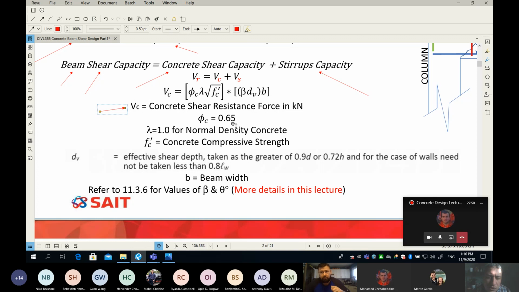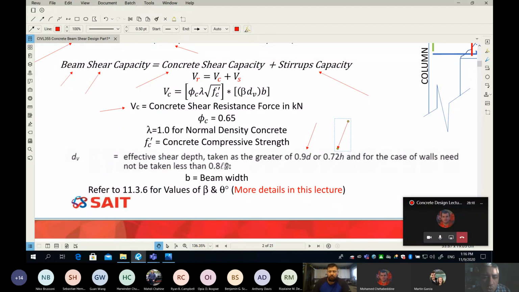Let me remind you that phi C was our concrete resistance factor, 0.65. Lambda is 1 for normal density. F prime C is the concrete compressive strength. And then d sub v is the effective shear depth, which is the greater of two numbers, 90% of d and 72% of h.